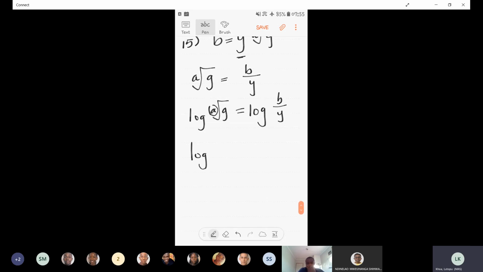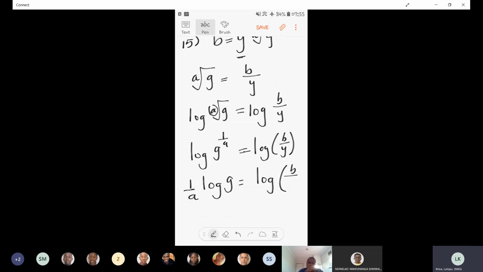So this is log G to the power of 1 over A. And this is equal to log, you can put it in brackets like that. And then the 1 over A will come down. So I have 1 over A. This is equal to, sorry, not equal to yet. This is log of G, and this is equal to log B over Y.